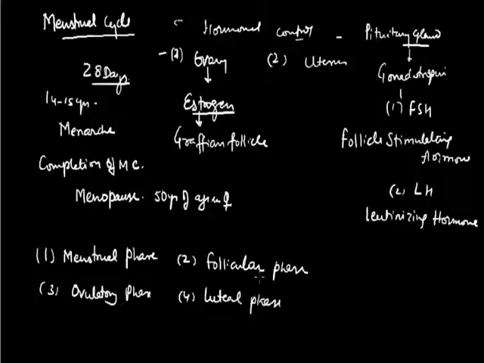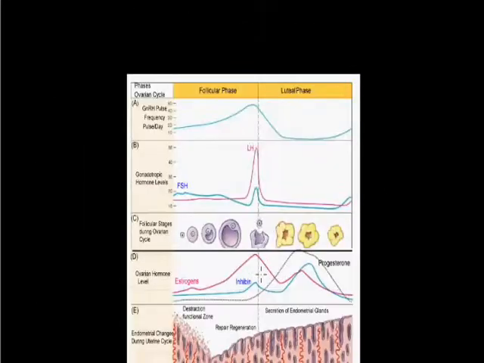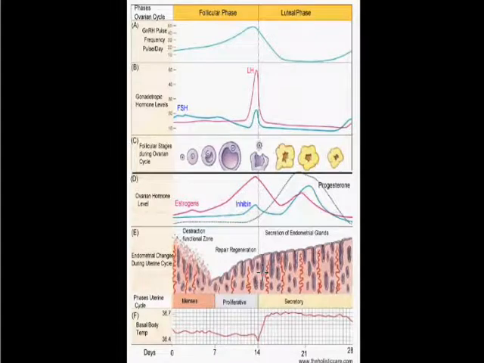We can see the cyclic changes in uterus as well as in the ovary. Specifically, we can see this graph to understand the menstrual cycle phases. See, this is the wall of uterus or the uterine cavity.